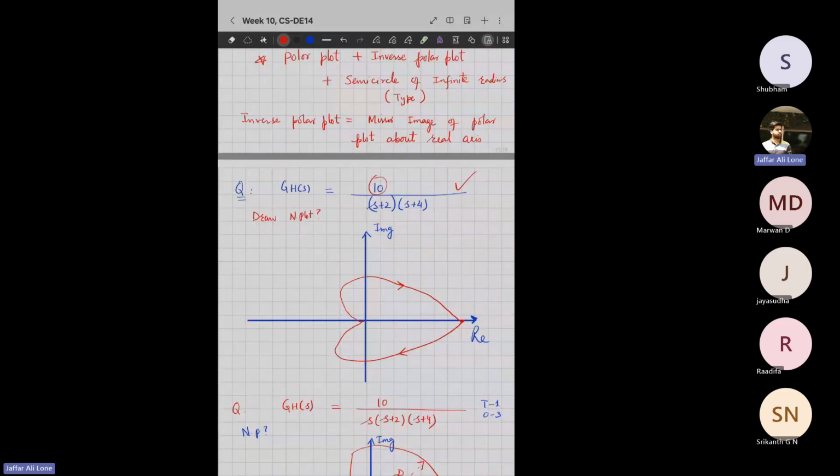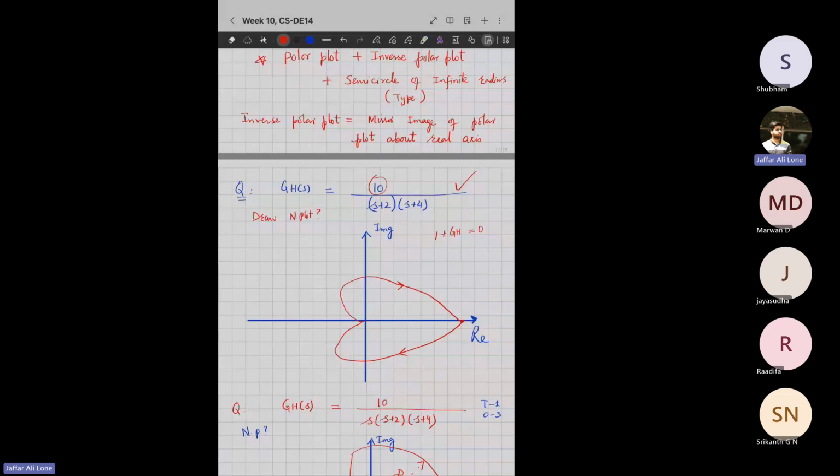The closed loop equation is 1 plus GH equal to 0, so only that part remains in the denominator, as the constant cancels.